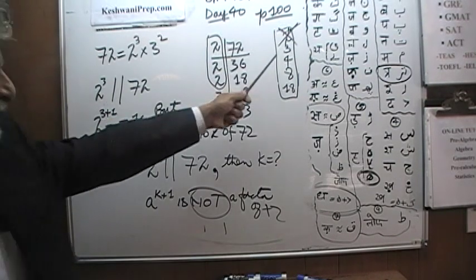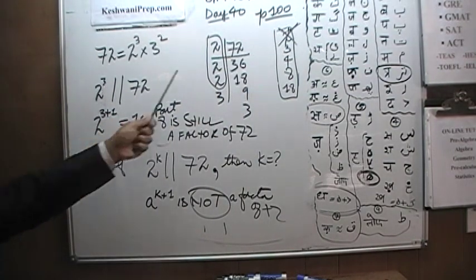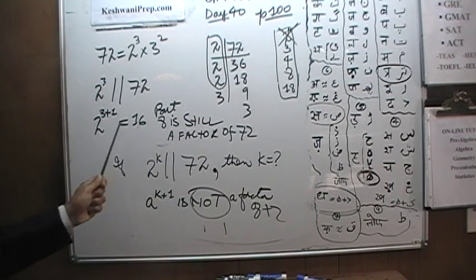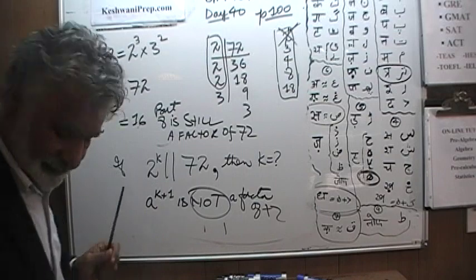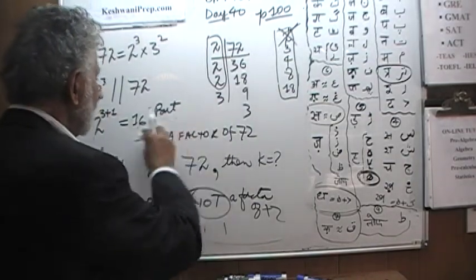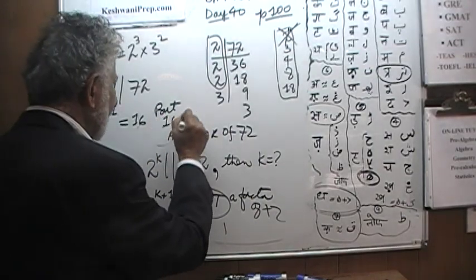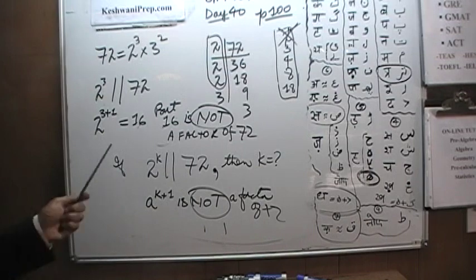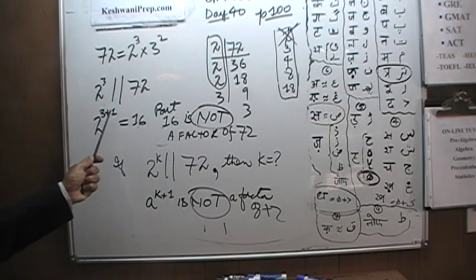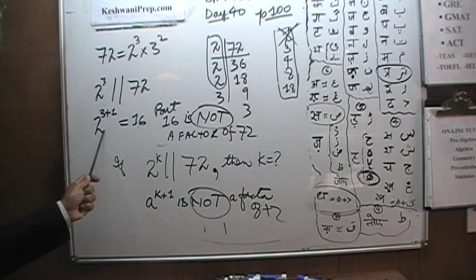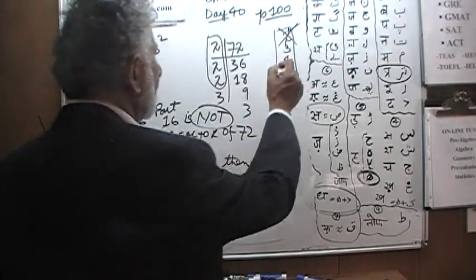If k happens to be 3, then 2 raised to 3 is 8. 8 is a factor of 72, but 16 is not. Voila, we found it. We found a value of k where if k happens to be 3, then 2 raised to 3 is a factor of 72, but 2 raised to 4 is not. There we go.